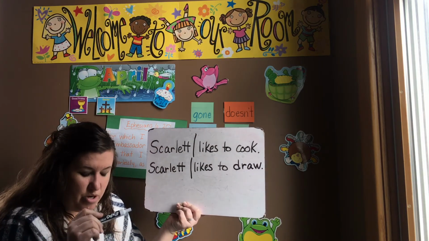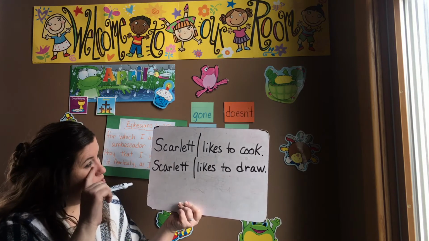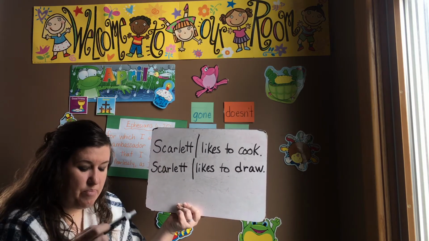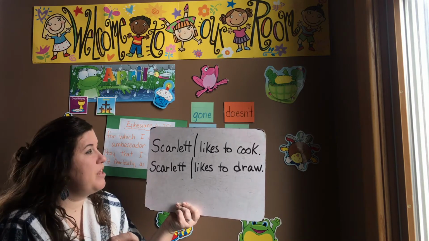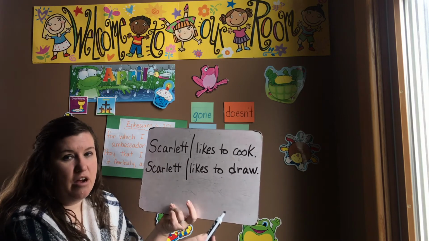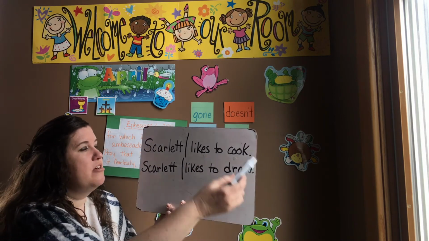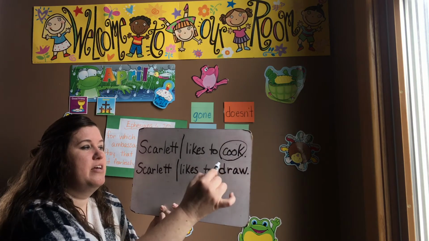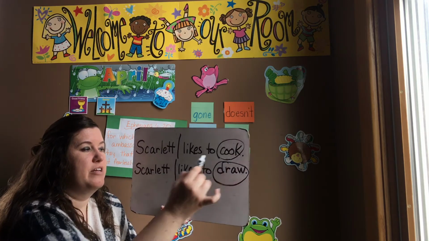Now, we're going to circle what words are different in the predicate part that could be joined with and. We don't need to put Scarlett and Scarlett. That wouldn't make sense. In the predicate part, we're going to look to see what's different. The word cook is different and the word draw is different.